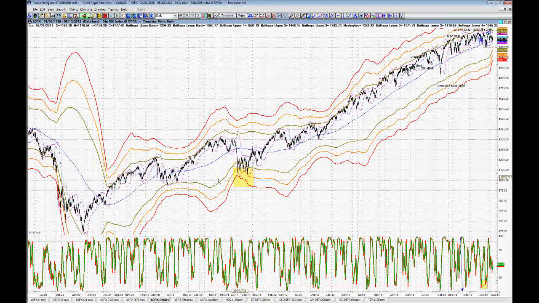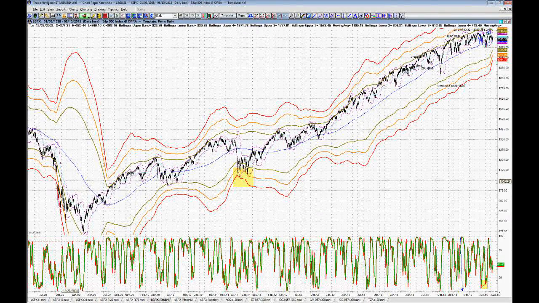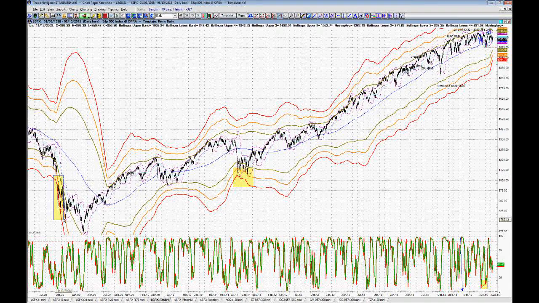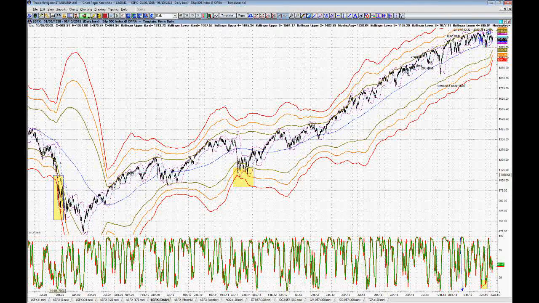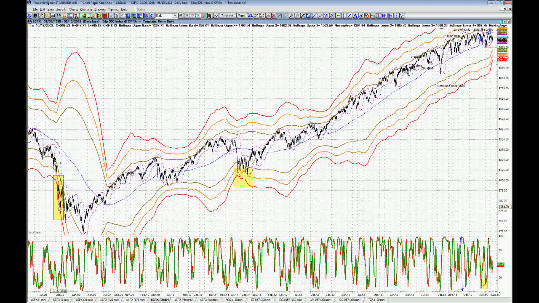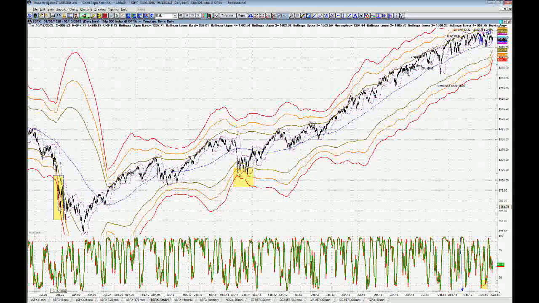And only during the '08, look far to the left, only during the '08 plunging portion of the decline, over here, the far left yellow box, did prices go down through the orange band and to and briefly below the red band. 4 standard deviations, 99.9% of reality.